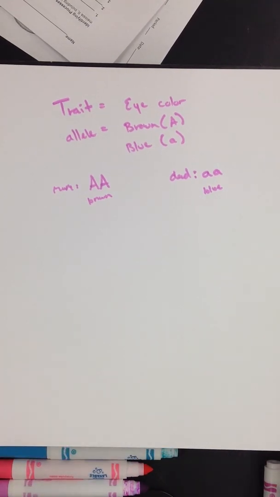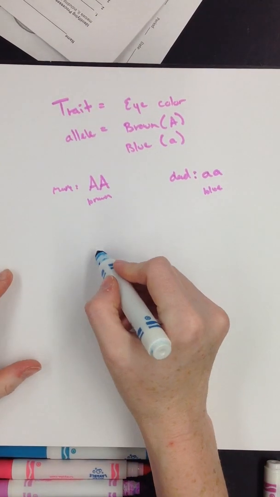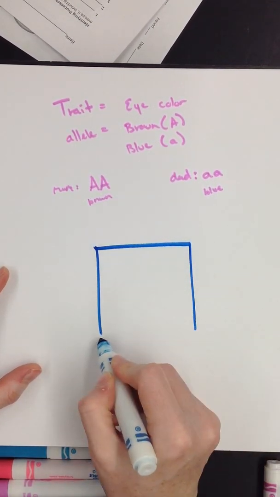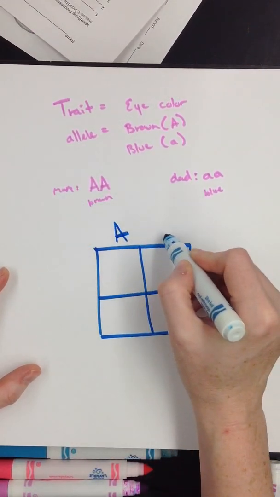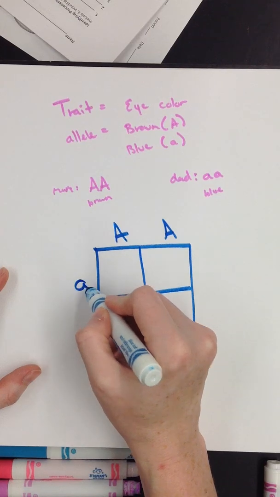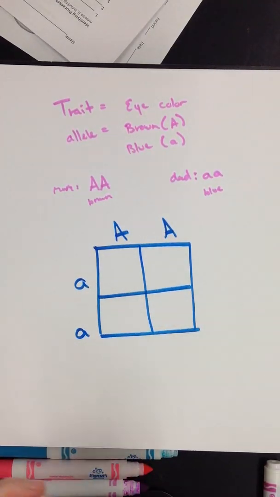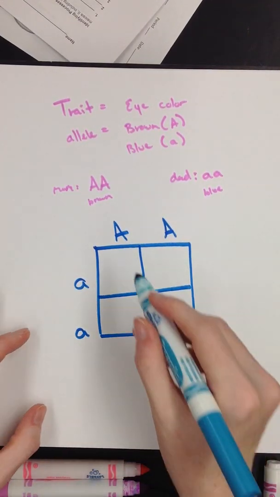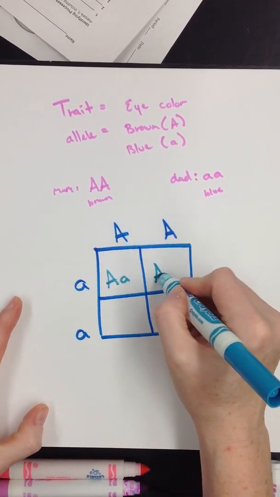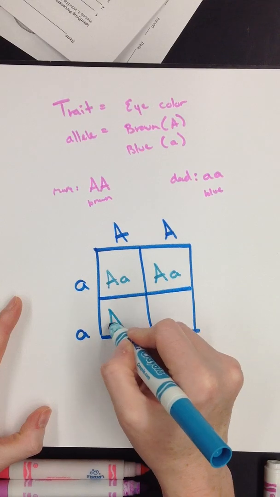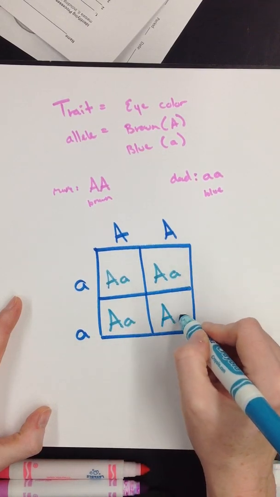So now I can set up my Punnett square. Put one parent on top, put one parent on the side. And now let's fill in our alleles, or our genotypes. This guy will be big A, little a. This guy, big A, little a. This guy over here, big A, little a. This guy right here, big A, little a.